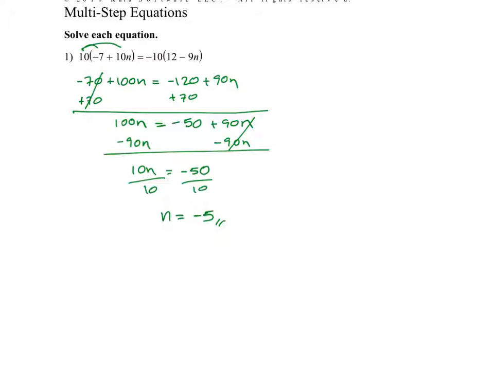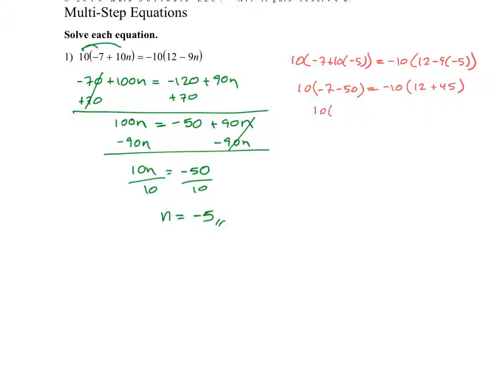Now I'm going to check the solution, and I'm going to go to the original equation. I'm going to substitute n up here. So I have 10 times negative 7 plus 10 times negative 5 equals negative 10 times 12 minus 9 times negative 5. Right? So I'm going to start by simplifying inside of the parentheses. So negative 7 minus 50 equals negative 10 times 12 plus 45.